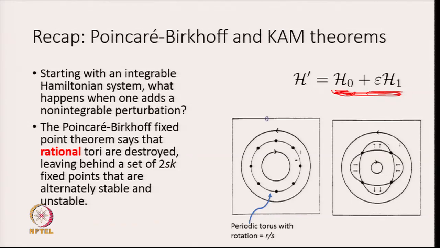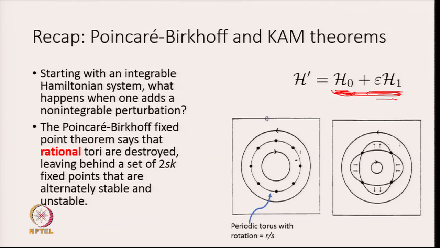To this integrable part, if we should add a non-integrable term such that the whole Hamiltonian is now non-integrable, then the Poincaré-Birkhoff theorem says something about those tori on which the dynamics was periodic, namely the rational tori.